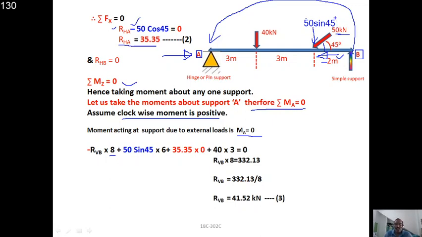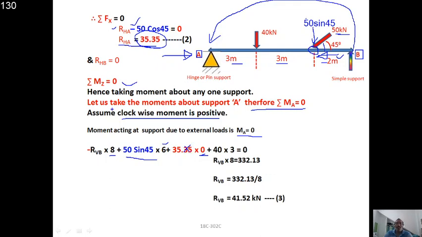Hence 50 sin 45 into the distance, 3 plus 3, 6 meters. The 35.35 is a parallel force, so it has no distance and is taken as 0. I place it only for your understanding; otherwise you don't need to write this.